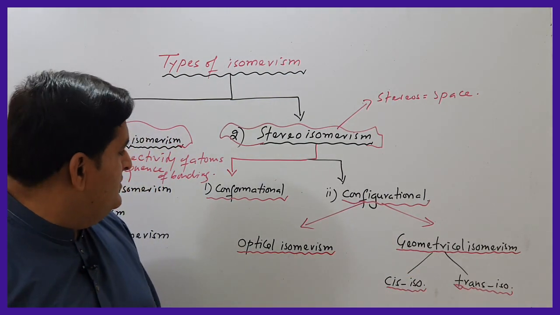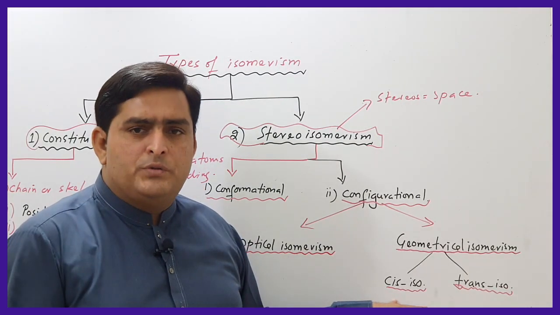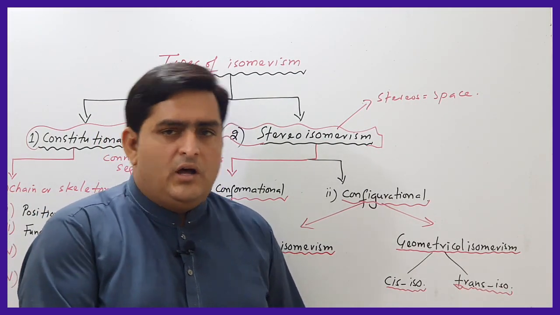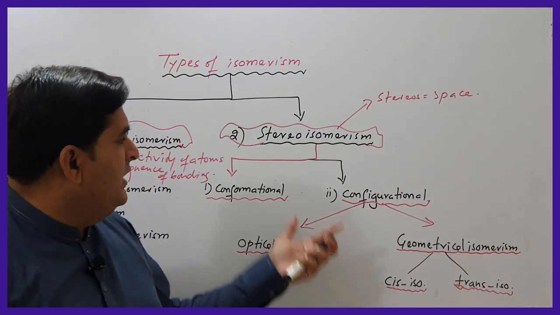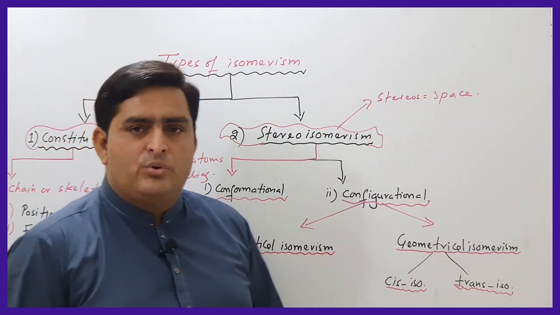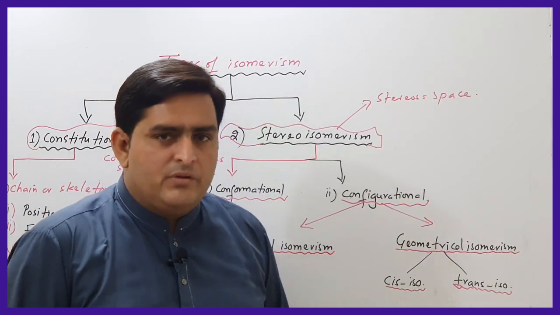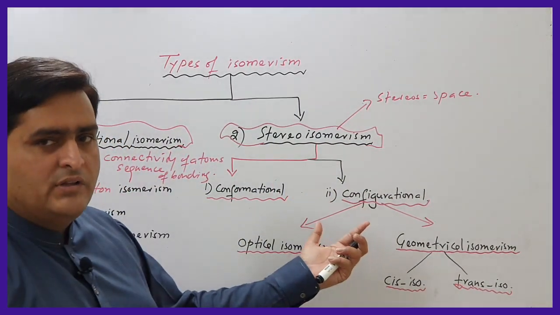Geometrical isomers differ in having the same groups on the same side of the double bond, or on the opposite side of the double bond. In this way, these isomers have the same molecular formula but different properties due to different spatial arrangement of atoms.